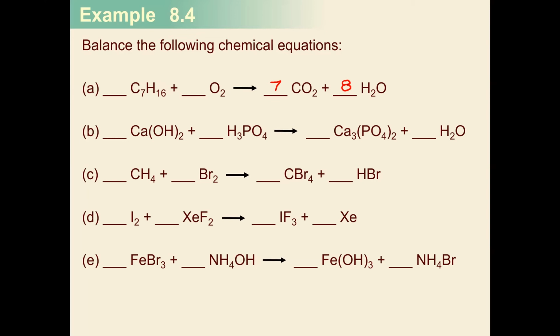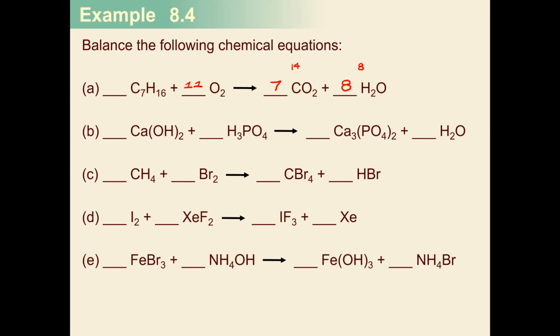So now I need to figure out how many total oxygens I have. Well, 7 times 2 is 14, and then I get 8 more from our water, so that is a total of 22. So now what coefficient do I have to put in front of my oxygen on the left? Well, seeing that I get 2 for every 1 and I need 22, this means that I'm going to put the coefficient of 11 in front of the oxygen, and now I have a balanced chemical equation.